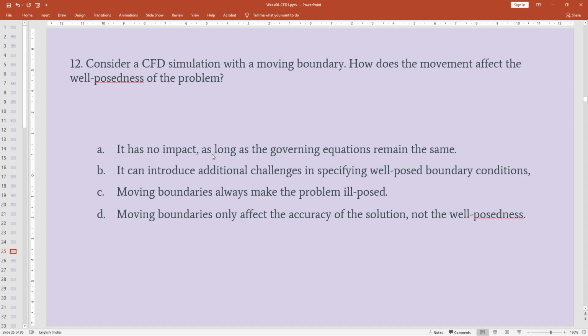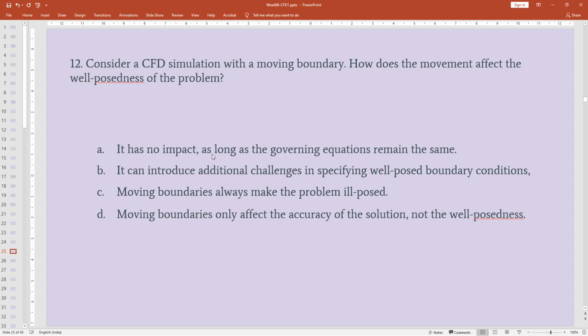Next question. Consider a CFD simulation with a moving boundary. How does the movement affect the well posedness of the problem? So here we have a CFD simulation with a moving boundary, and how this moving boundary will affect the well posedness of the problem.